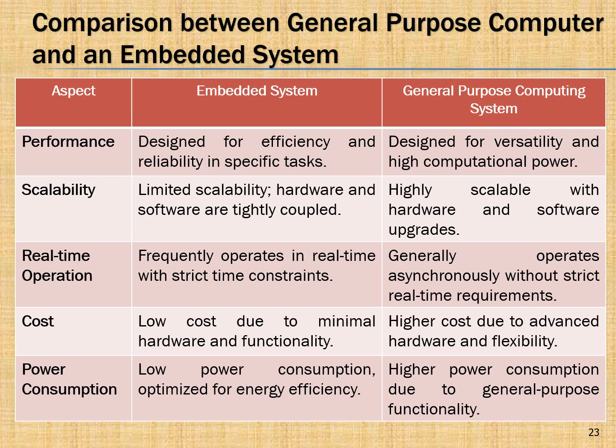Power consumption in case of embedded system is lower because they are optimized for energy efficiency, and in case of general purpose computer, obviously compared to embedded system, their power consumption will be higher.